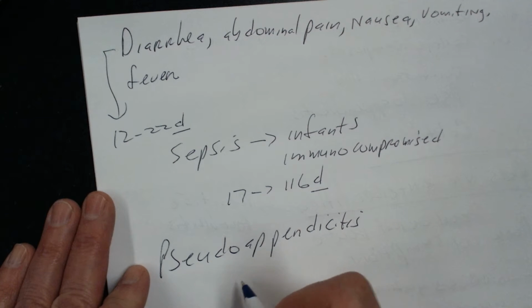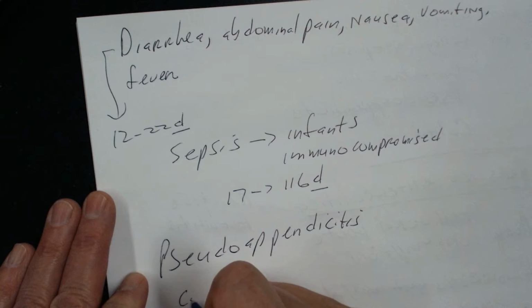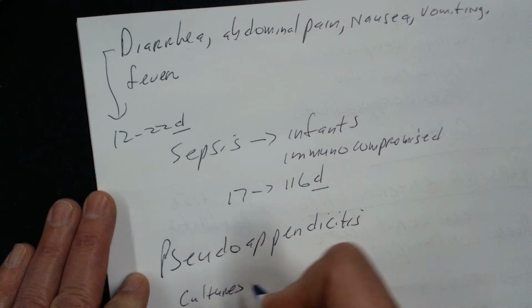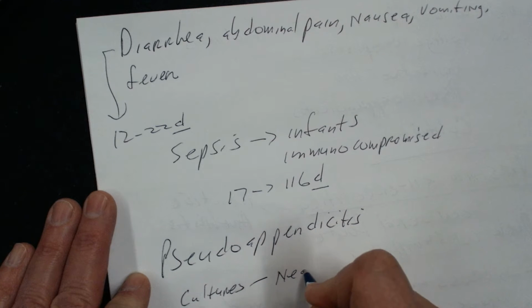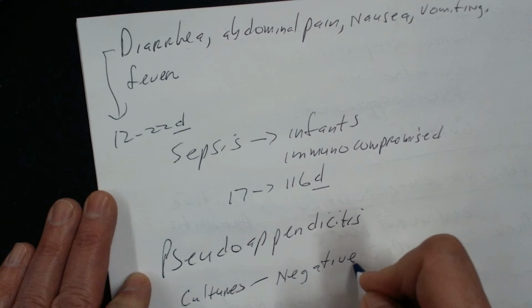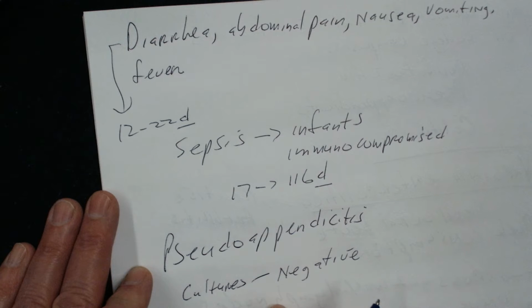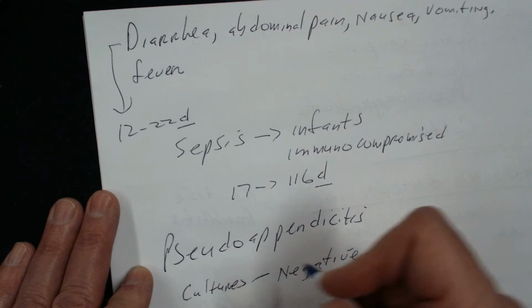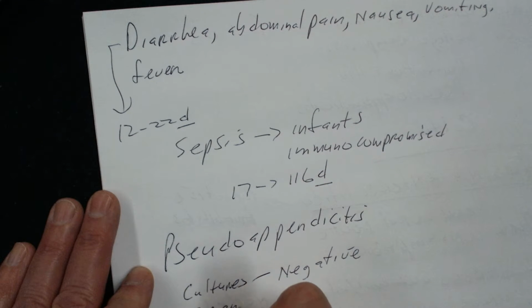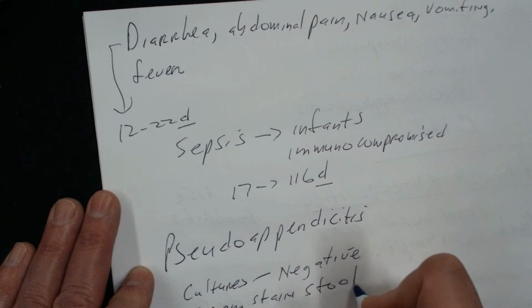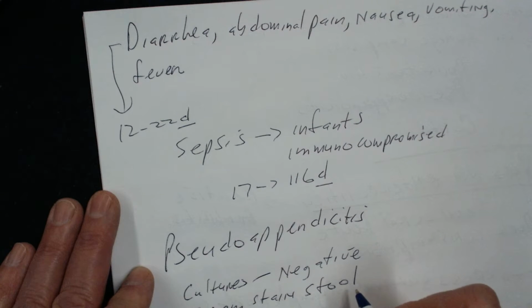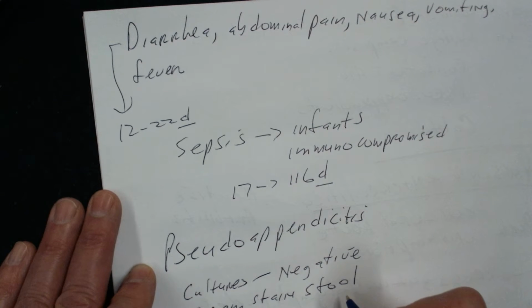This organism is hard to culture, so cultures will tend to be negative. So cultures are not a lot of help with this. If you gram stain stool specimens, you'll see an organism, and that organism may kind of look like a safety pin.